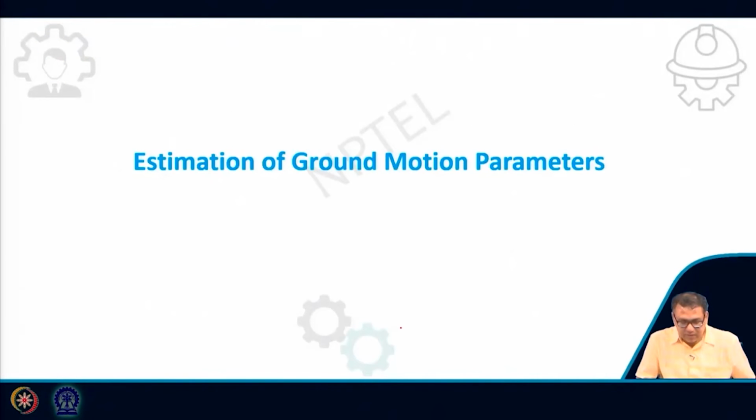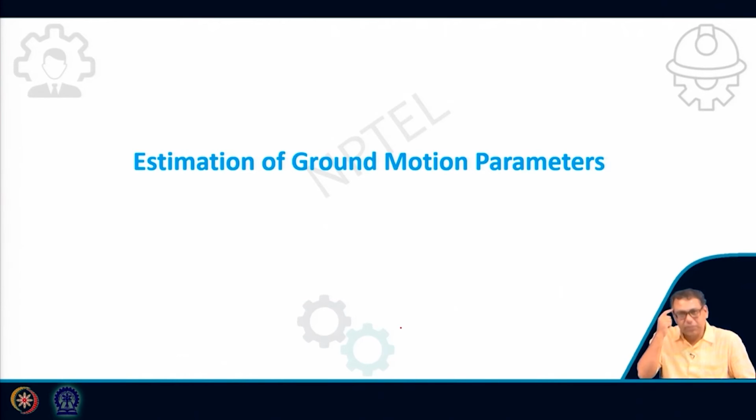And the next topic that I will discuss is the estimation of ground motion parameters. Till now I have discussed the different ground motion parameters and how we will measure them. Now how will we estimate them for a site? If I want to estimate what the PHA of a particular site will be before a design, how will I estimate that?